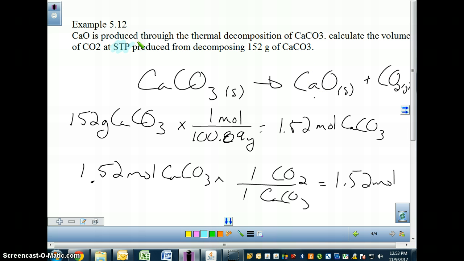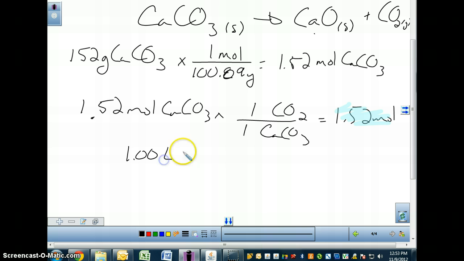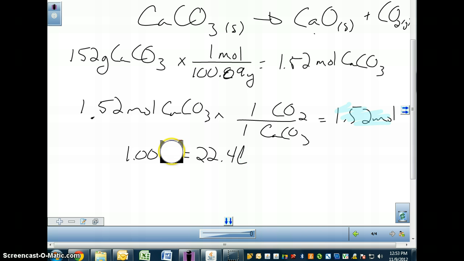Now, I'm given STP as my conditions. If I have moles and I have STP, I can do a very, very quick conversion into volume. And the conversion factor I'm going to use is that 1.00 moles equals 22.4 liters.